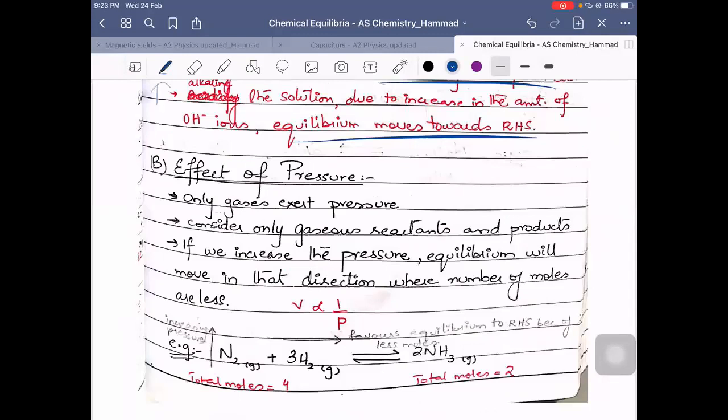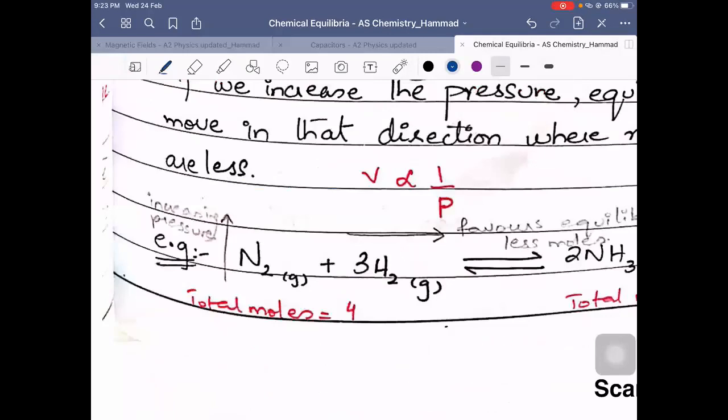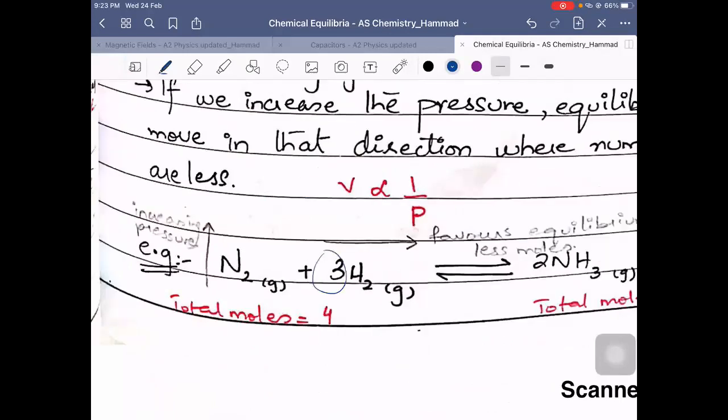Please understand that when the pressure is increased, equilibrium moves in a direction where the number of moles is less. Let's say for this equation, there are 2 moles on the product side and 4 moles on the reactant side. Forward direction.